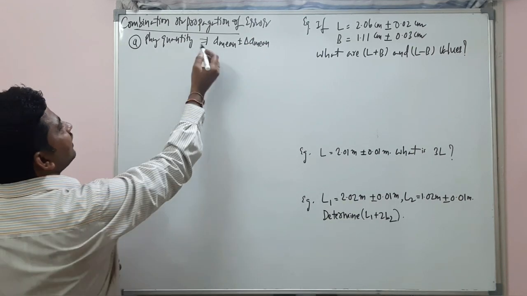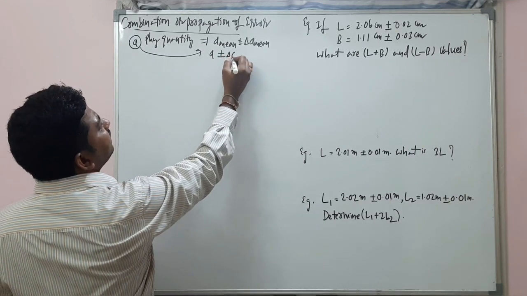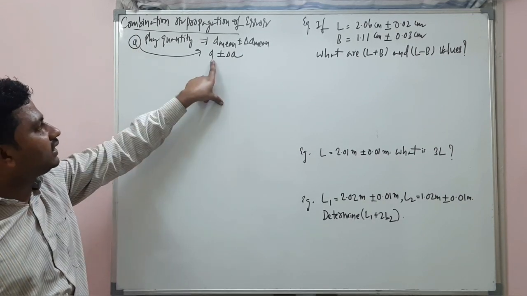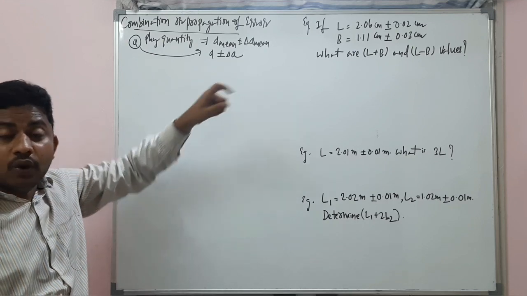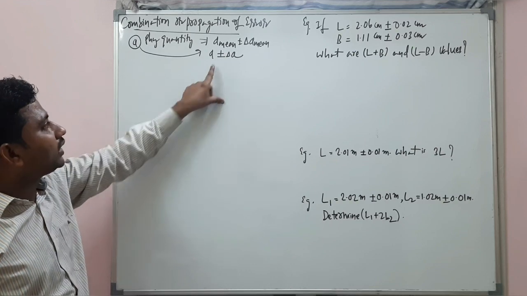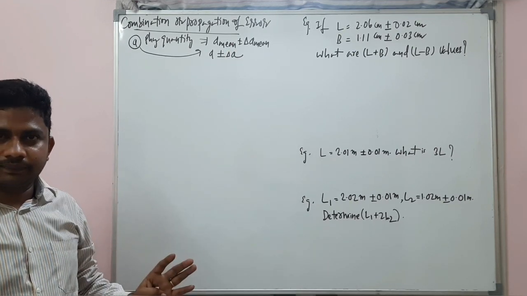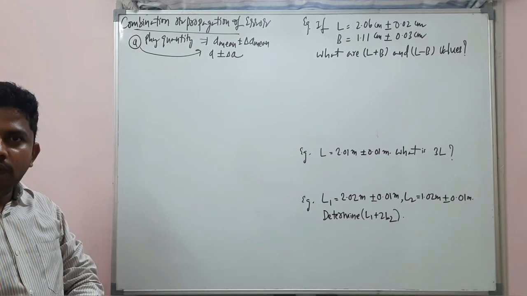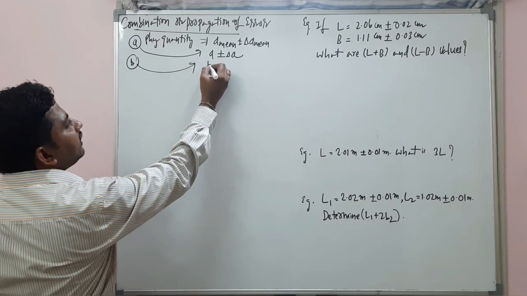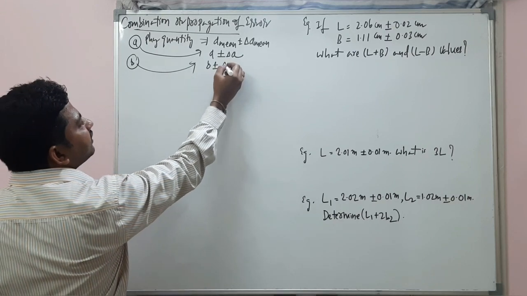In most cases, we'll simply write any physical quantity as A plus or minus delta A. When the error is involved, we will represent any physical quantity in this form, X plus or minus delta X. In the same way, there is a physical quantity called B. It also has an error with it, so the final physical quantity B can be written as B plus or minus delta B.